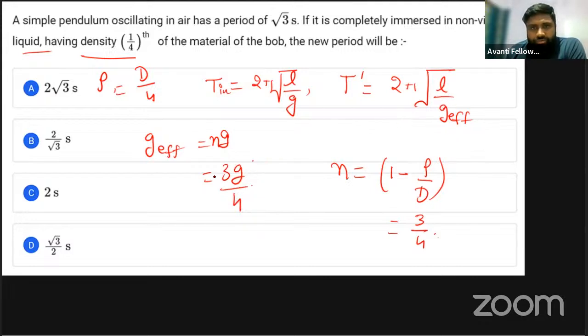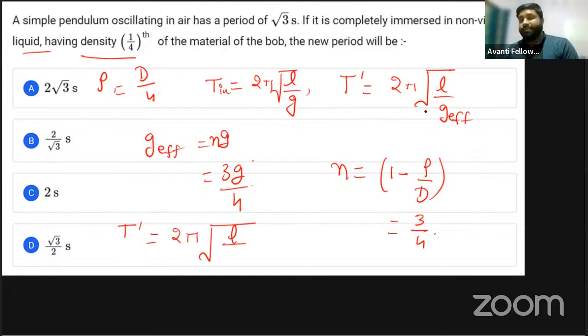So T dash is 2 pi root L upon 3g by 4. Just a second, give me a second, I'll check and confirm this to you. Meanwhile, you will solve it if you have the answer in your mind.